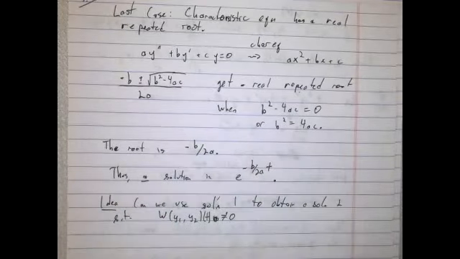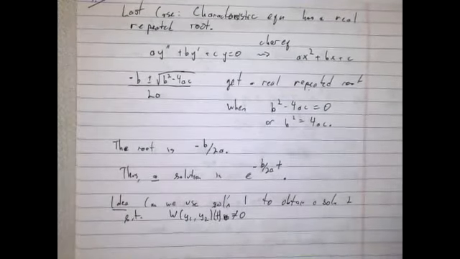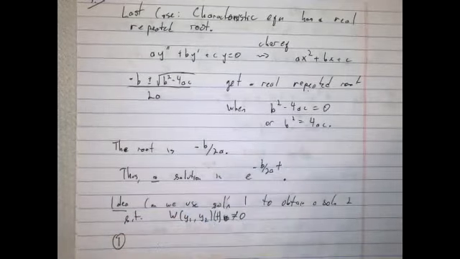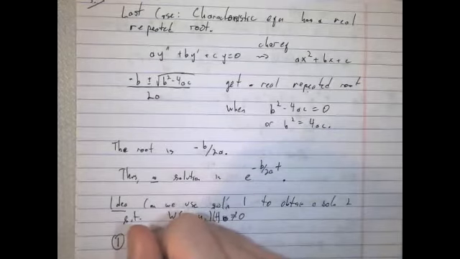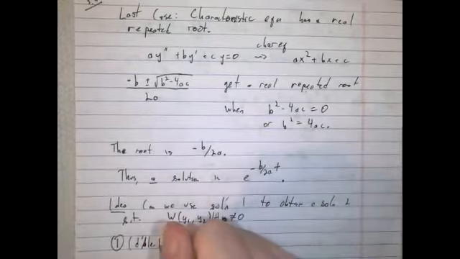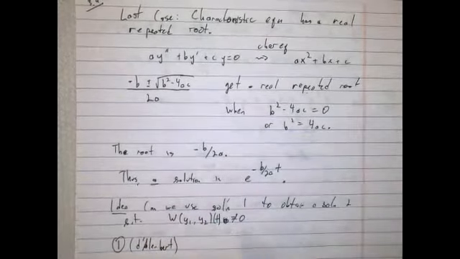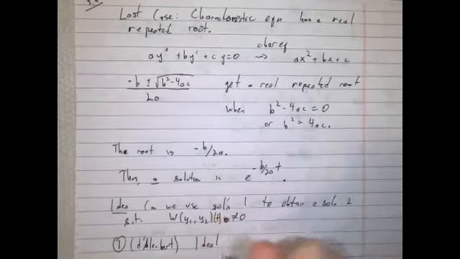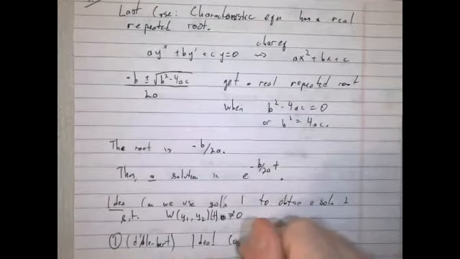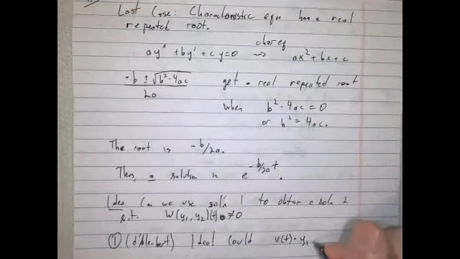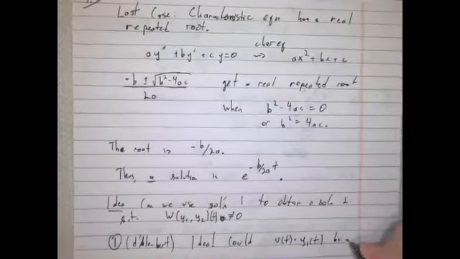And there are two ways to go about this. One is an idea of d'Alembert, which is very naive. Idea: could v of t times y1 of t be a solution?